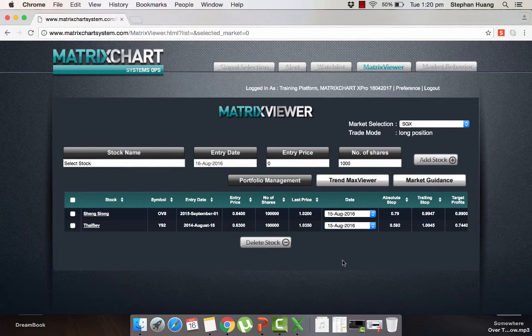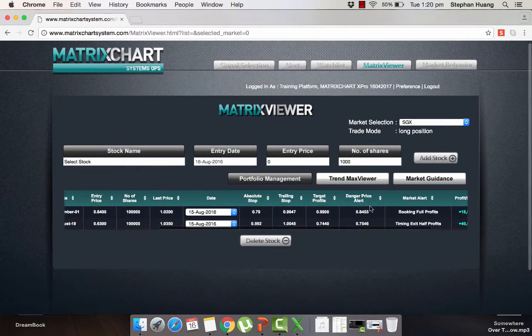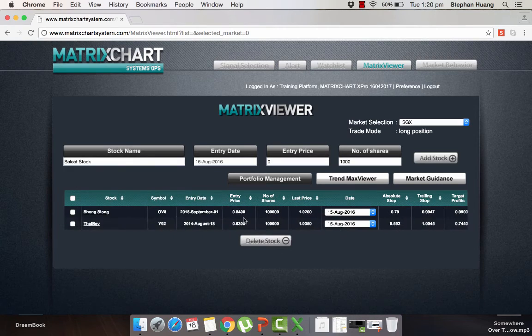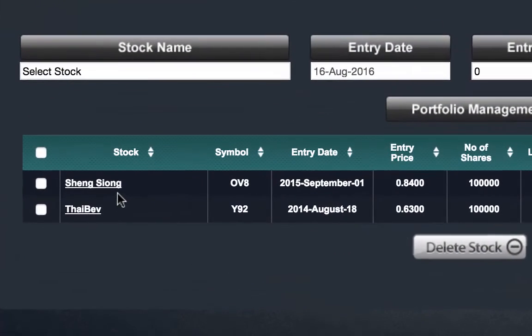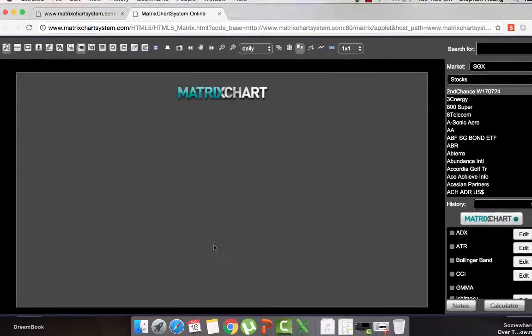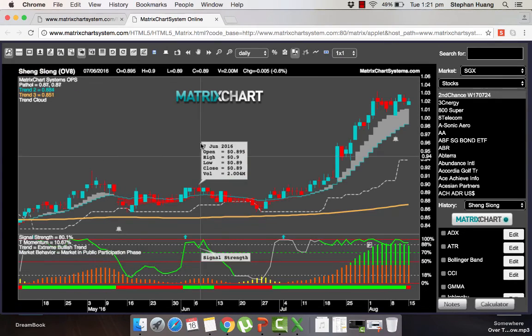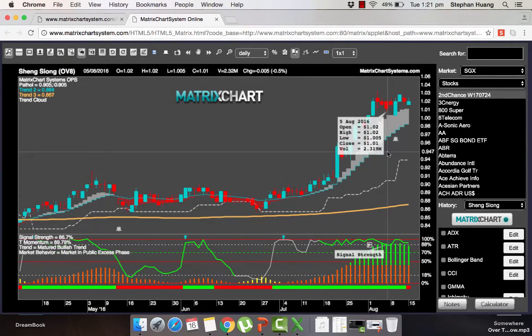If you're like me, you just want quick information: what to do, what not to do, when to get in, when to get out. This is an excellent product that we've spent a lot of time on. And lastly, if you're the type of person who likes to look at charts, of course you can click charts. We're not limiting you. Once you click on the name, voila, the chart will be out.